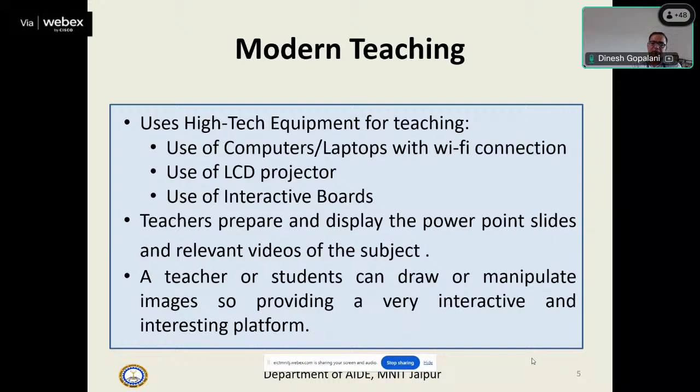So here in this method, teachers are going to prepare their slides actually, as well as nowadays they are putting some animations, videos also on these slides to make it more interactive actually. And sometimes it is two ways actually. Not only teachers, students can also draw images, and it's very interactive, I should say. And sometimes it may be very interesting also.